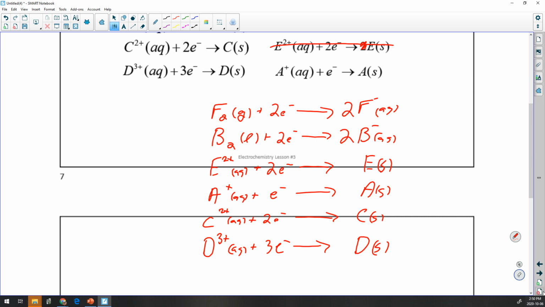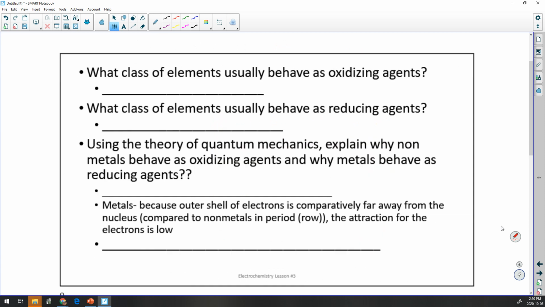Now, there are some generalizations that we can make about this. Without having to look at the table, you should be able to tell me if something is an OA or an RA. Generally, nonmetals act as oxidizing agents.